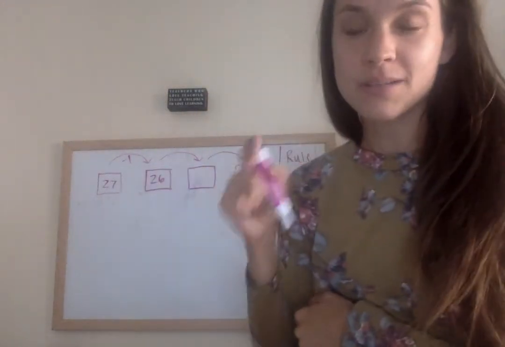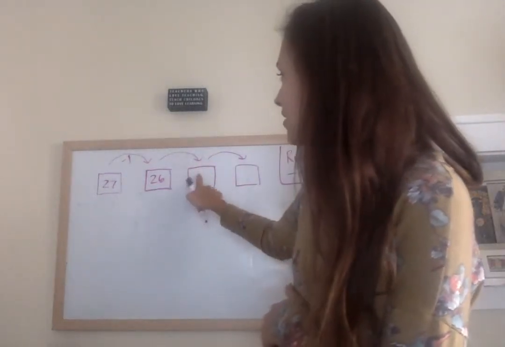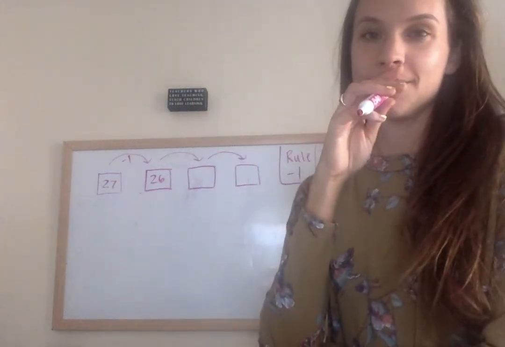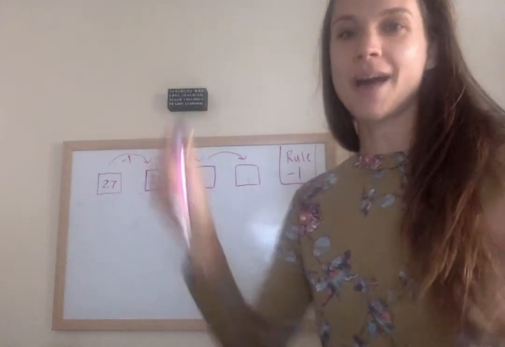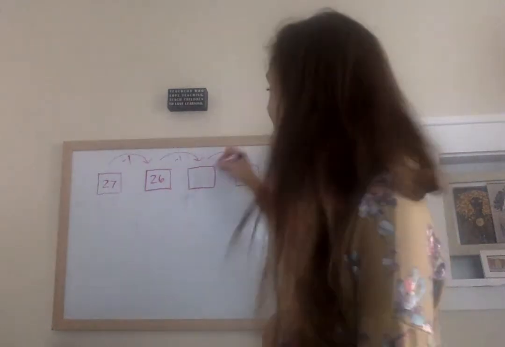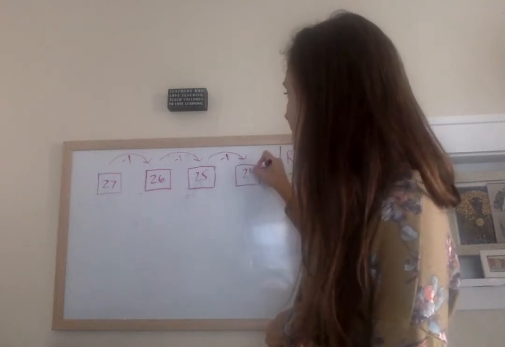I want you to pause the video in a second and figure out what number would go here and what number would go here. So pause and then come back. Welcome back. All right, 26 minus 1 equals 25. And 25 minus 1 equals 24.